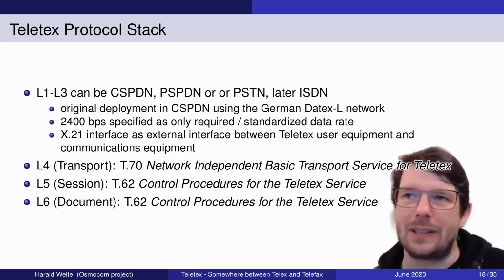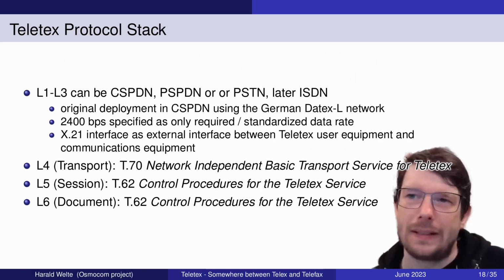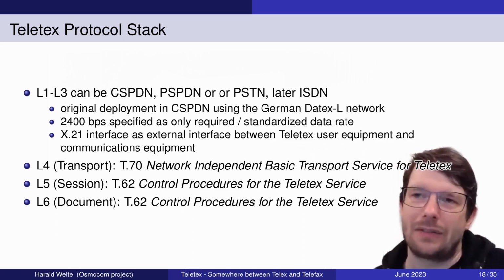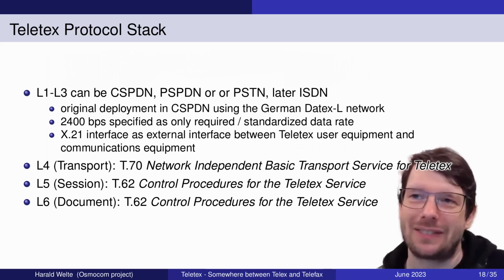And as I said, later when ISDN came out, of course, you could also transmit those 2400 bits synchronously using rate adaptation over ISDN. Now, the actual three layers of the protocol stack are the transport layer, the session layer, and the document layer. So it's already surprisingly complex, given that you would implement this in a typewriter, basically, using, I don't know, 8051 type microcontrollers or something like that.